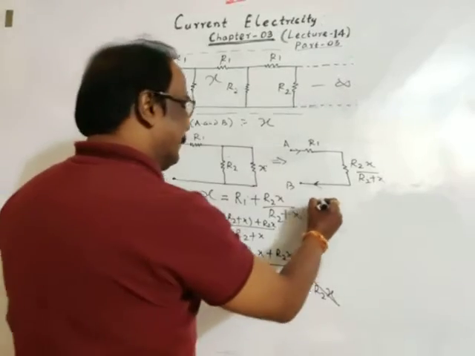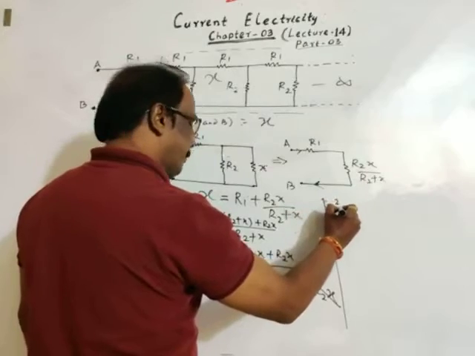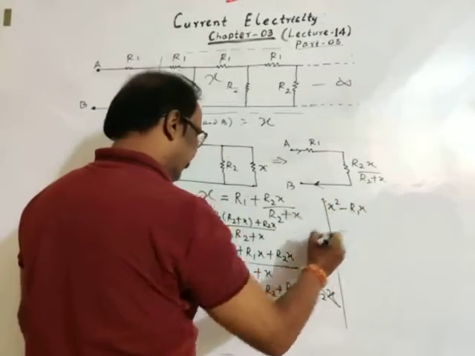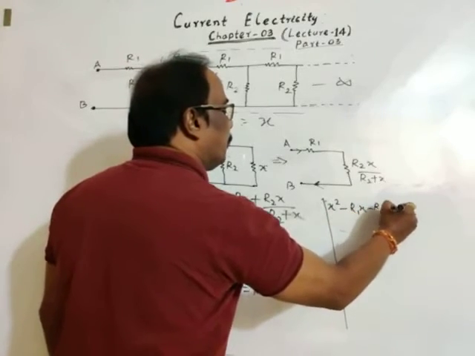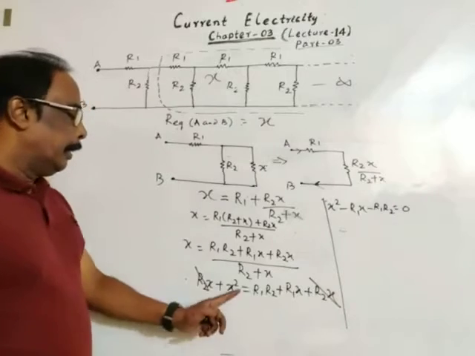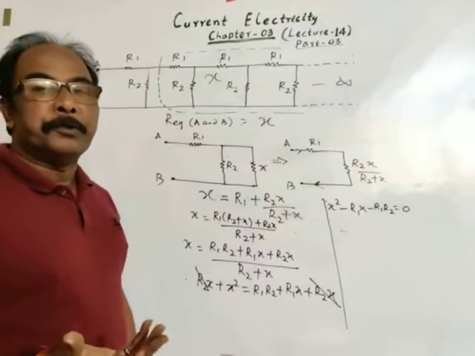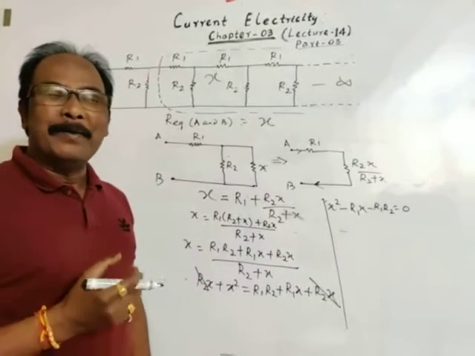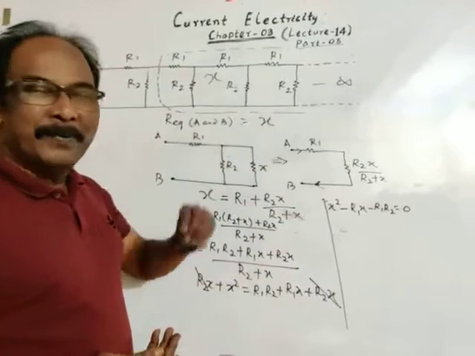Then what we will get is X squared minus R1X minus R1 R2 is equal to 0. This equation is in quadratic form. We have to find the value of X.